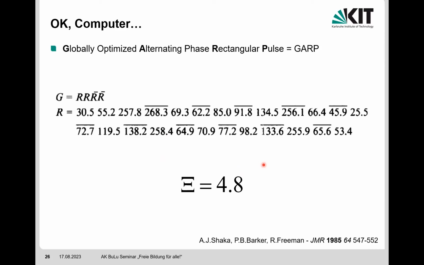So with 4 kilohertz RF amplitude that we are allowed, you're able to decouple about 20 kilohertz. And that's already significant. Even on a 600 megahertz spectrometer, we're talking about 130 ppm. And so it's no wonder that this pulse sequence is still in use today, quite a lot of times. But there are better sequences available today.